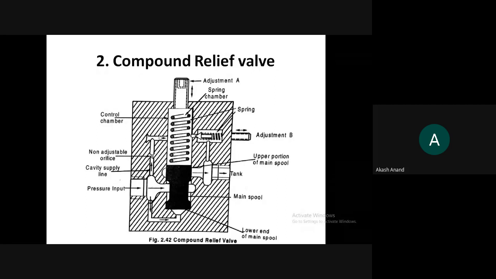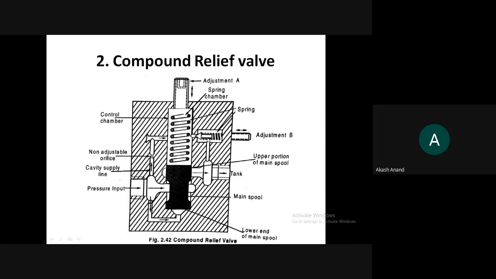Until the pressurized fluid attains the cracking pressure, a certain magnitude of pressure, it cannot escape through adjustment B. At adjustment B, there is an arrangement that needs a certain magnitude of pressure to open and pass the fluid. That threshold pressure at this point is called the cracking pressure.